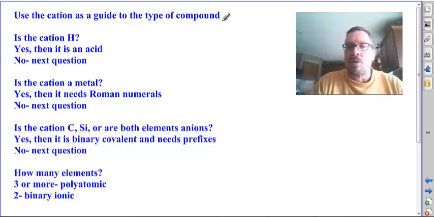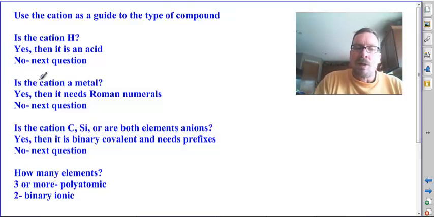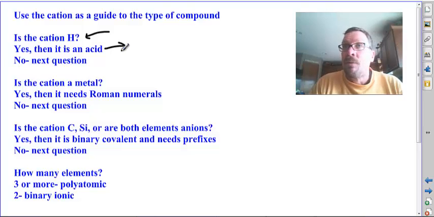It gives those little twists. So I've given you this guide, or any other way that you can think about it. The first thing I would do when reading a compound is ask myself, is the cation hydrogen? And if I can answer yes, then I know I need to do that naming of it normally, and then look at the IDE, AT, IT ending and give it its acid name.